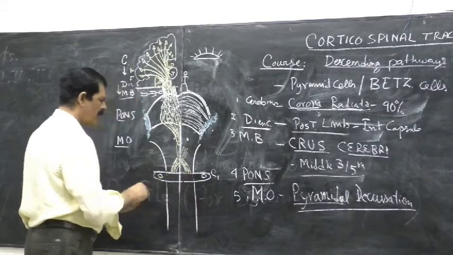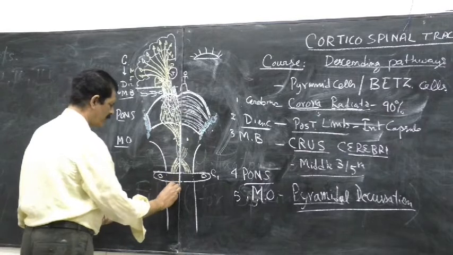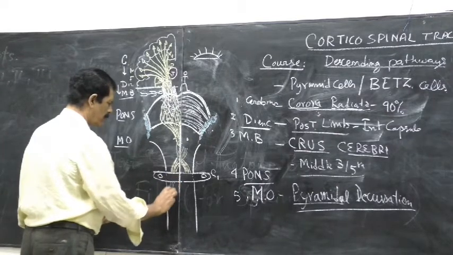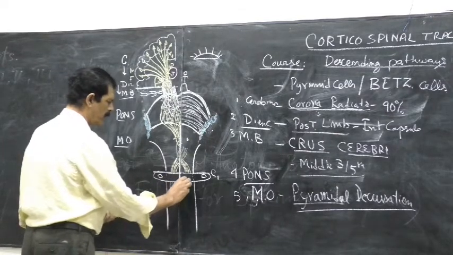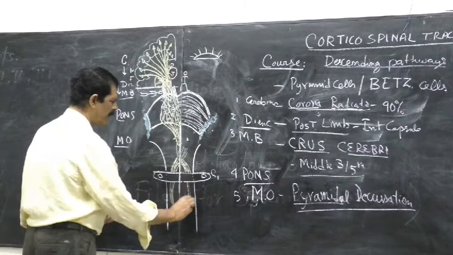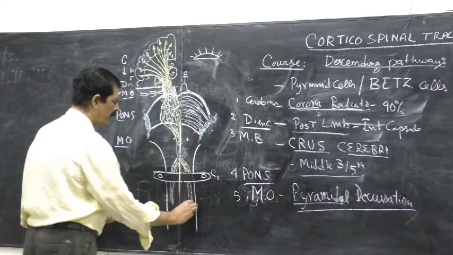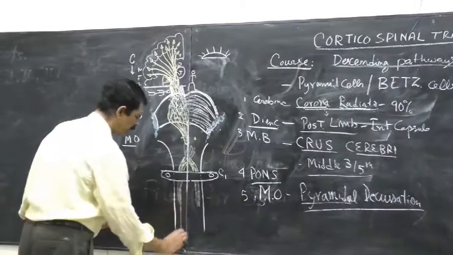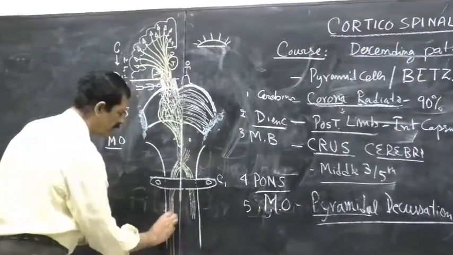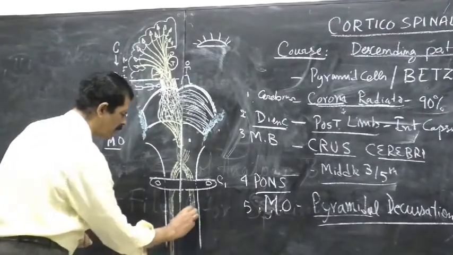In the spinal cord, they become more compact and they enter into the lateral column of the spinal cord, and they descend into the whole of the 45 centimeter long length of the spinal cord.